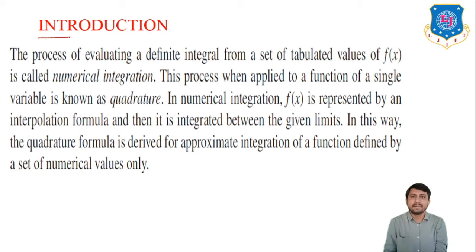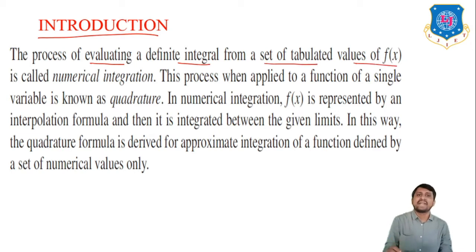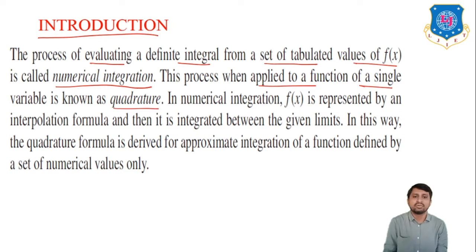The process of evaluating a definite integral from a set of tabulated values of f of x, where the values of x and f of x are either given or you can find them using your function, is called numerical integration. When applied to a function of a single variable, it is known as quadrature.